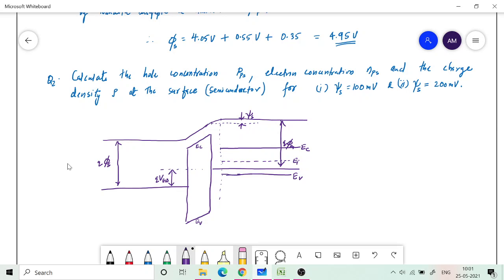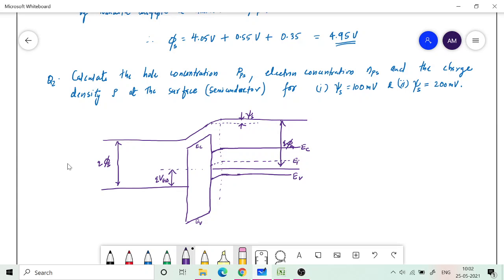And there is going to be a bending here, like this. What is given is this psi s. It is told that psi s is equal to 100 millivolt in the first case.